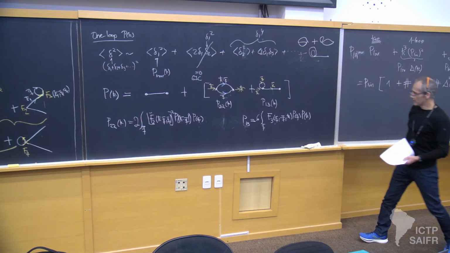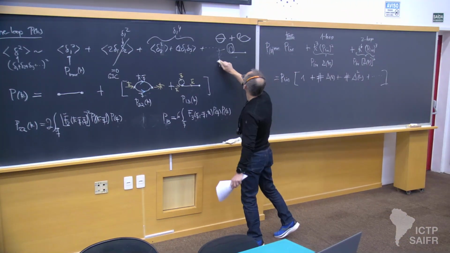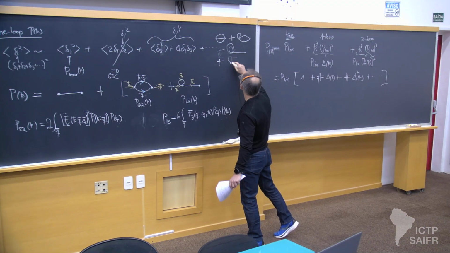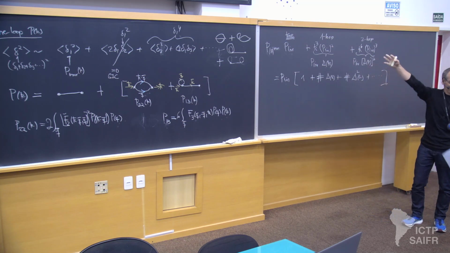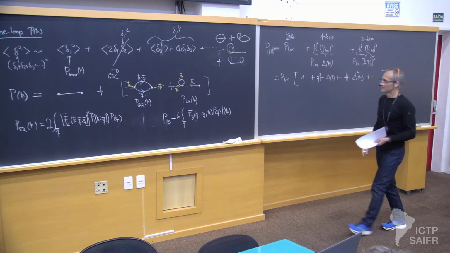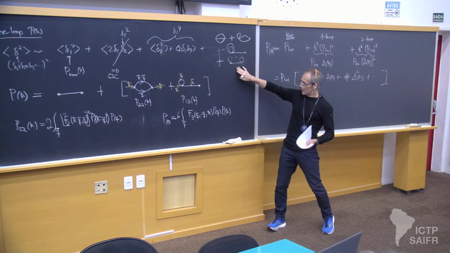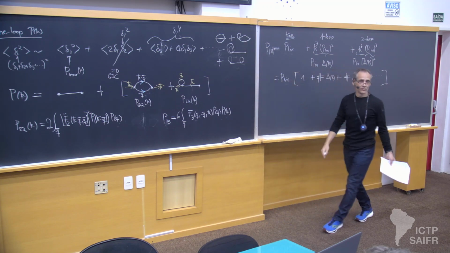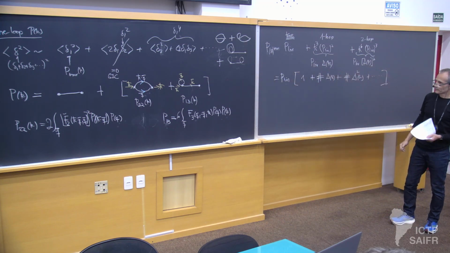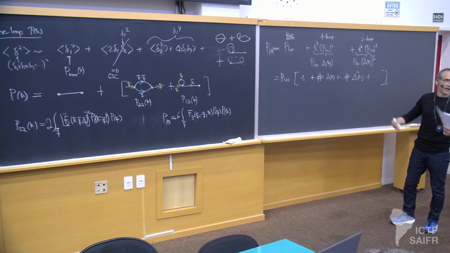This is a bad boy. P15, horrible. So when we talk about divergences in a second, we'll have to deal with this guy. You can see now, these are the two-loop diagrams, okay? And you can keep going.